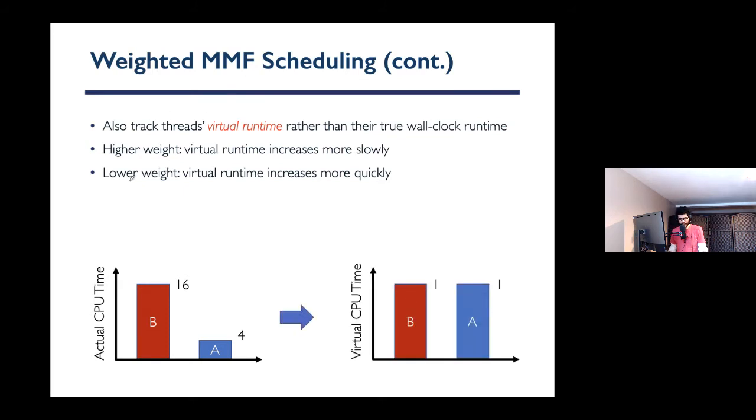If this is the time quantum of thread B and this is the time quantum of thread A, you can see that B's is 4 times A's. That means that B's weight is 4 times A's weight.